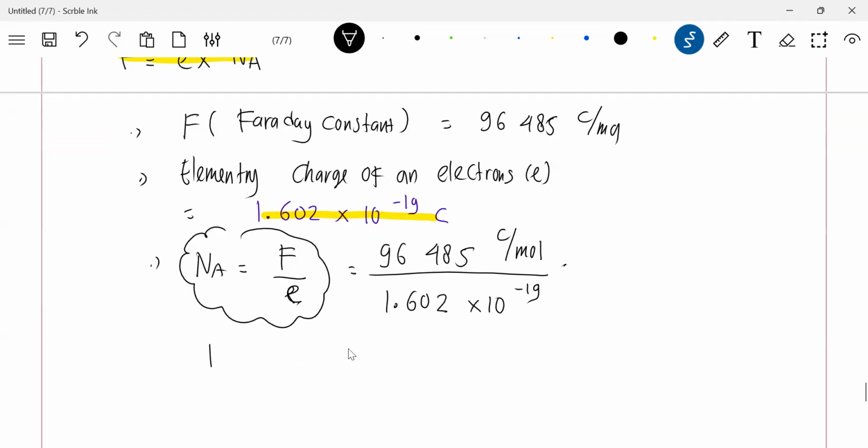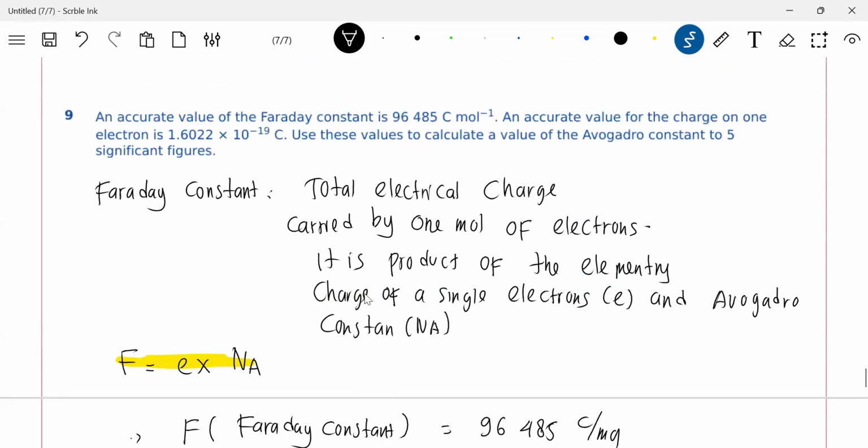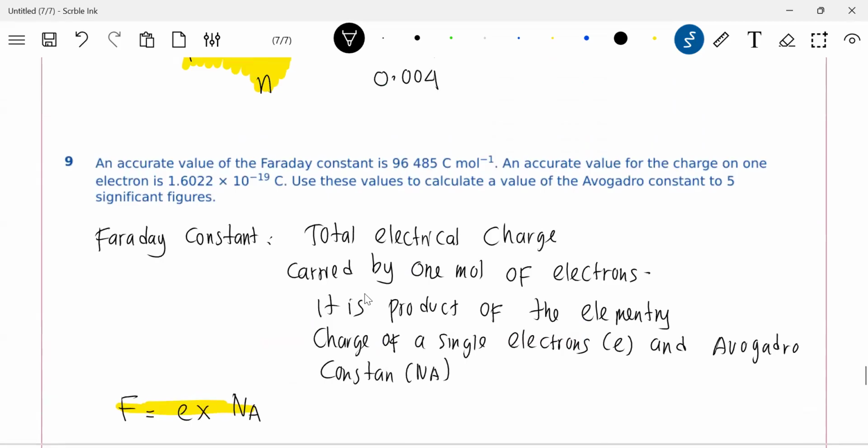So we get the Avogadro number is 6.022 times 10 to the power of 23 over mole. Okay, so we get the value of the Avogadro constant. That's it. This is the basic.